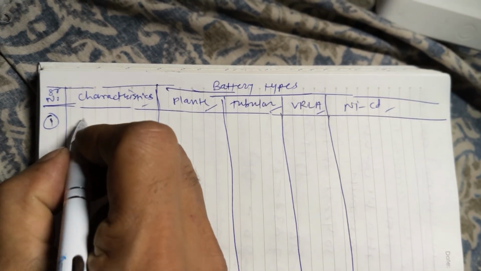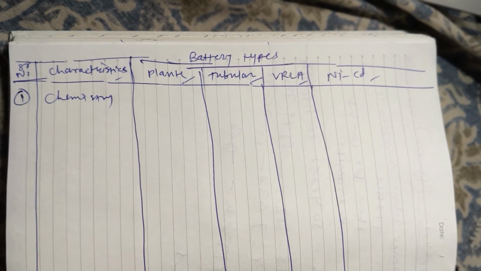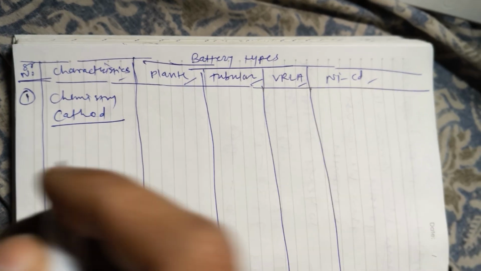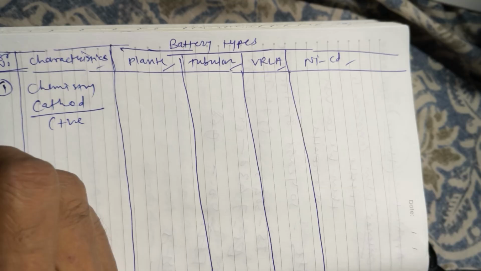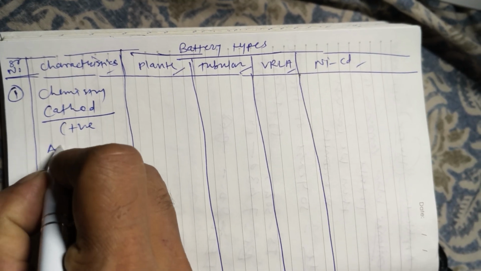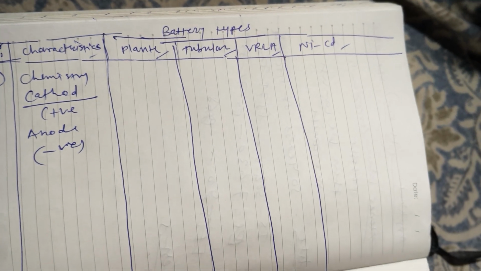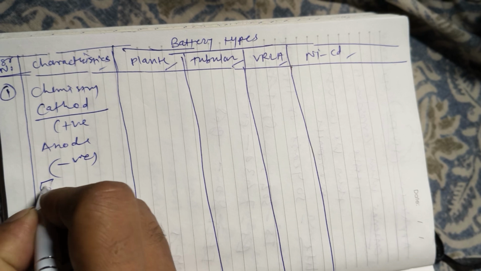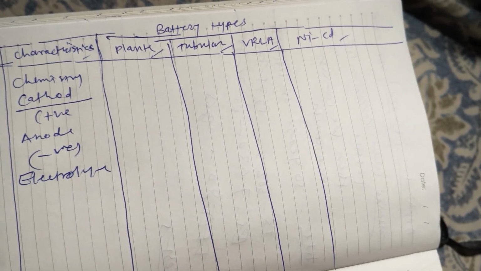First is chemistry. So chemistry: cathode and anode. Which metal or material? Cathode is the positive terminal, anode is the negative terminal, and which type of electrolyte is used.